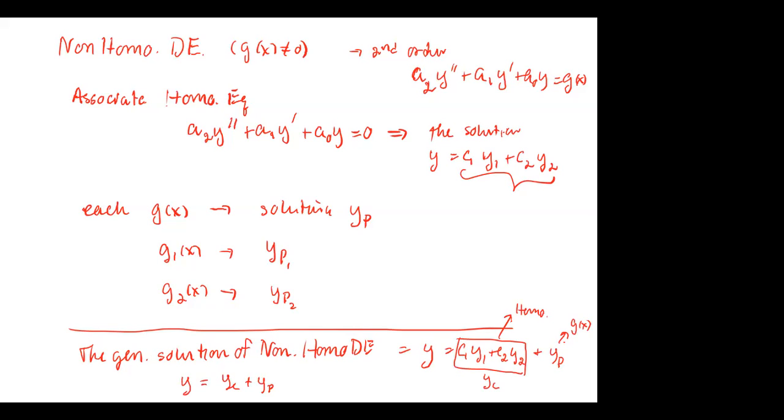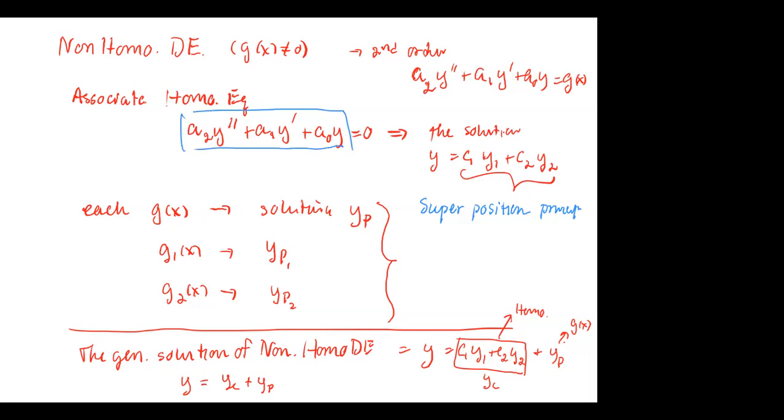And then for yp, the superposition principle of the non-homogeneous equation: if the equation is in the form of the same differential equation, this is the second order, a2 y double prime and so on, I'm going to put this in the box here.